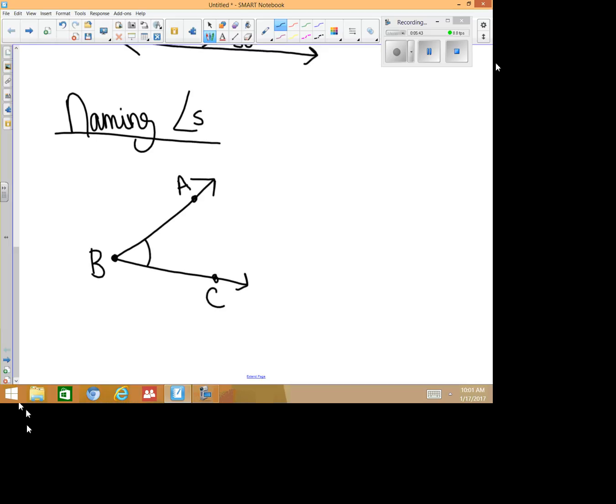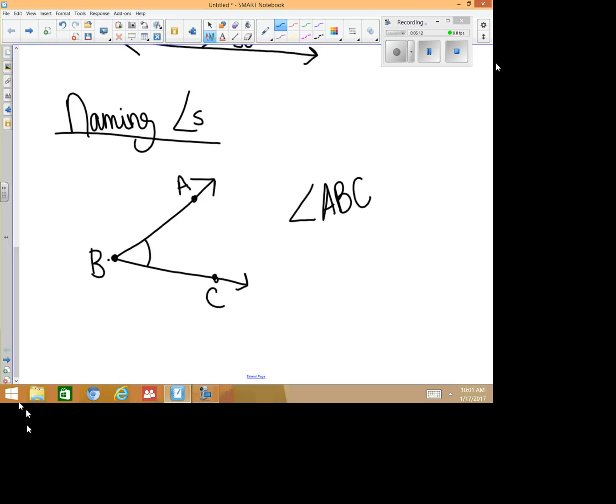So to name this angle, there's 2 ways to name it. Okay, remember in math we kind of get to choose. I know that you haven't been given a lot of choices before, but I try to give you choices. First, you could be like me and kind of be crazy and want to go in order ABC, right? They label it like this: A, B, C. The point is always the middle letter.